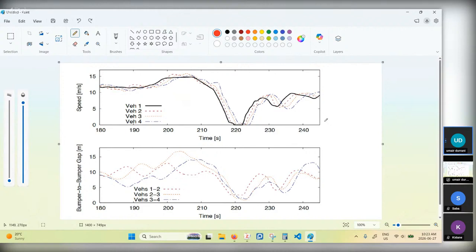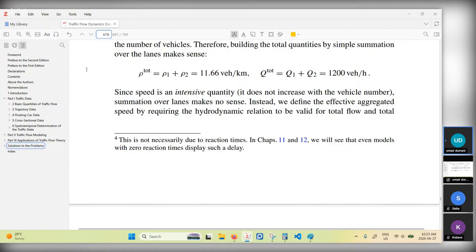But according to the authors, that's not necessarily the case. There may be other things happening even for those car following models that produce trajectories where still we observe this lag. So we'll find out what that means when we get to those chapters.